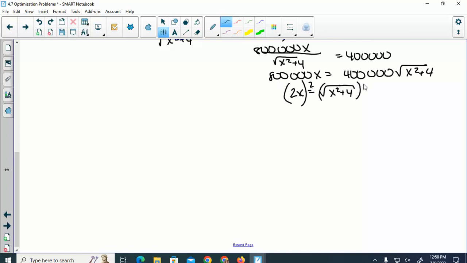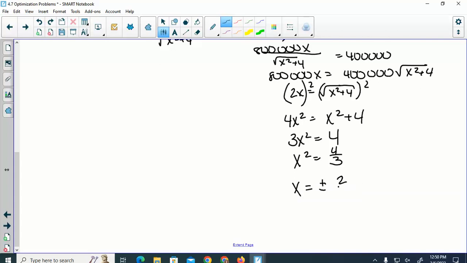Square both, cancel the square root. You get 4x squared equals x squared plus 4. So square root, plus and minus. Could x be a negative? No, because it was a distance. So we have to go with the positive.